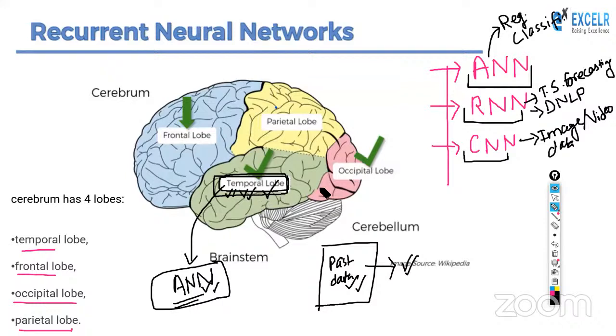Now, if you see this frontal lobe, in neural networks we have something called an RNN, recurrent neural network. The functionality of RNN can be linked to the frontal lobe functionality, because RNN considers short-term memory.